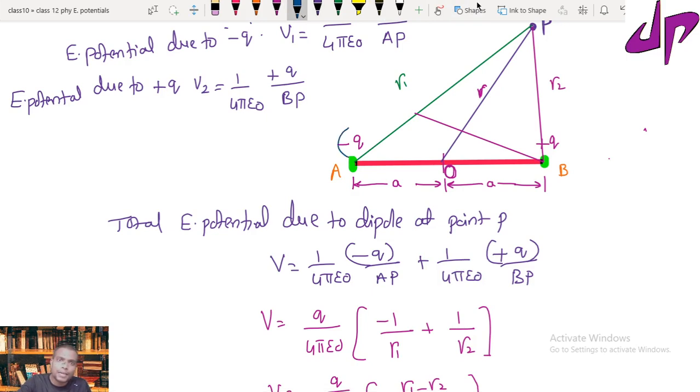From here to here, the extra length I can write as R1 minus R2. And now these lengths become equal, so R1 equals R2 equals r. Now I need to find exactly the value of R1 minus R2.